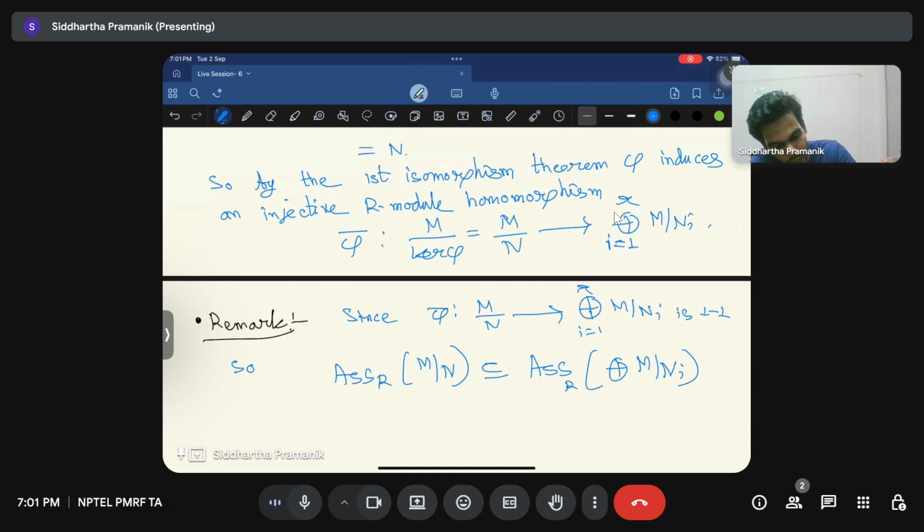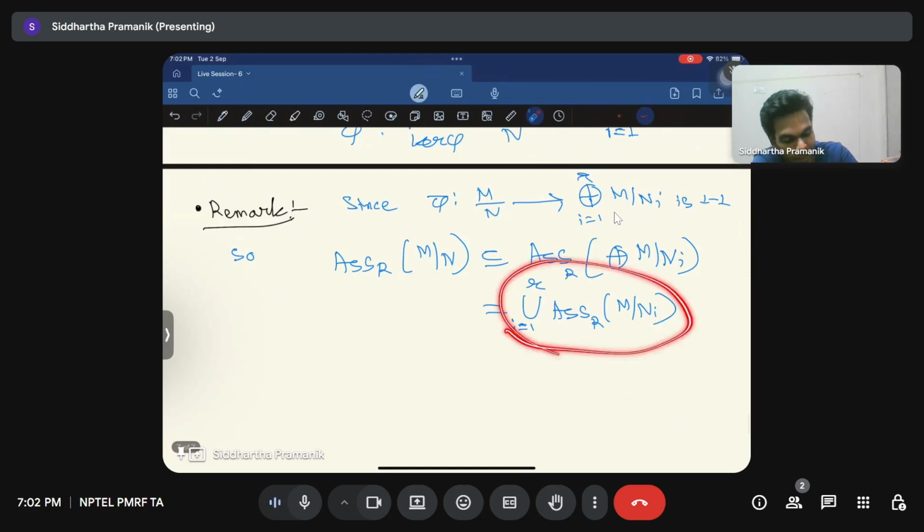But what about this set, the direct sum? Since it is a direct sum, this is the same as the union of associated primes of the individual modules, here the individual quotients. So the associated primes of M mod N is a subset of the union of associated primes of the quotients M mod Ni for i equals 1 to r. So this is one fact which you can try to remember.